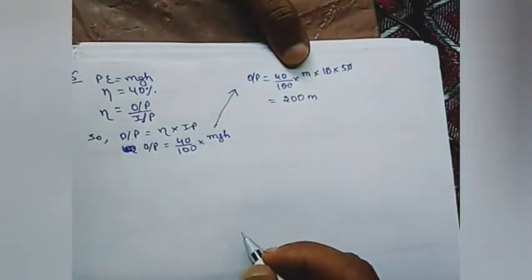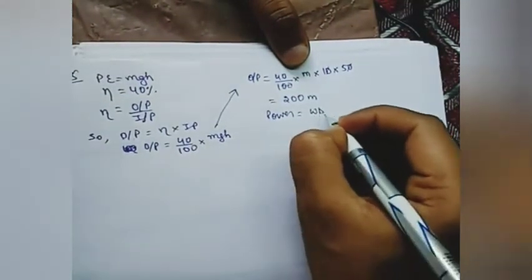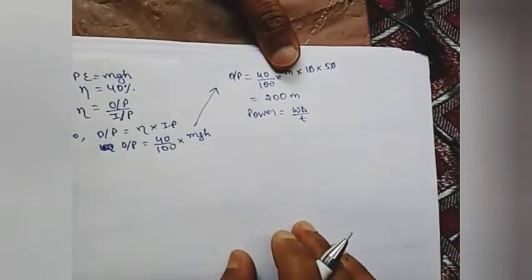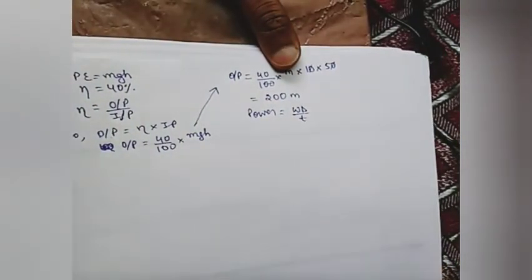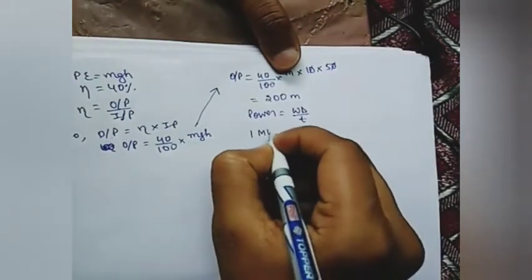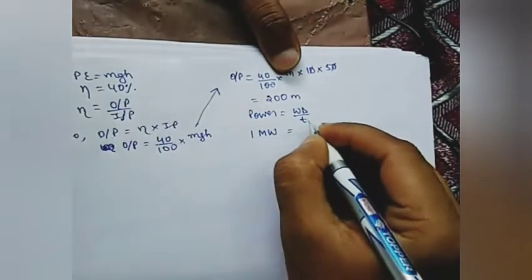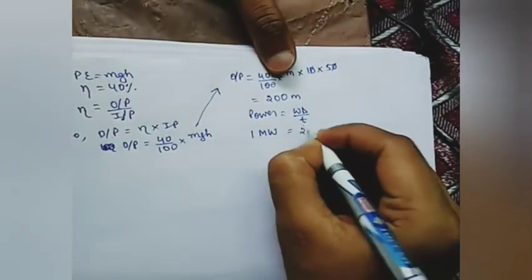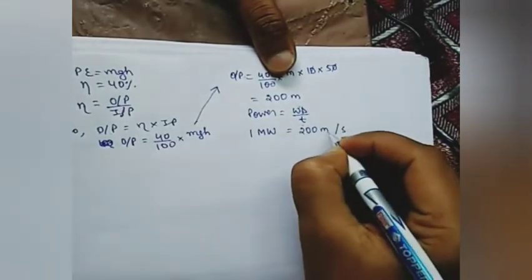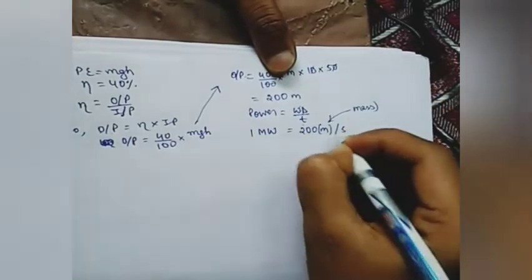Power is equal to work done by time. So 1 megawatt is equal to 200 into mass of the water flowing each second. Power is given as 1 megawatt, so 1 megawatt is equal to the work done per second. How much work done? 200 m, where this m is mass.